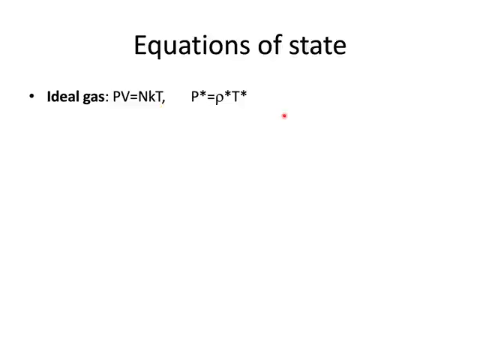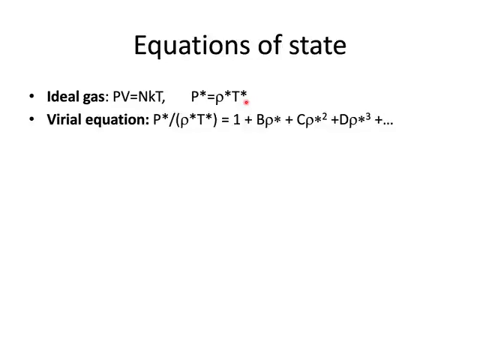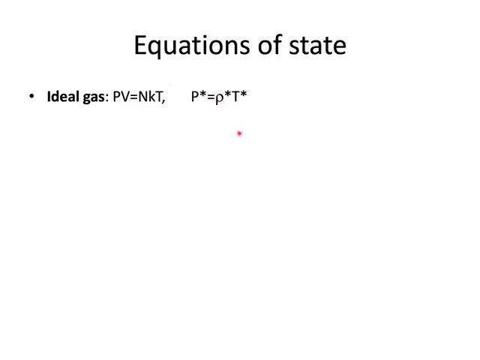dividing by volume and non-dimensionalizing it, like using, for example, Lennard-Jones. We can write that as pressure equals density times temperature. And we can expand this because the ideal gas equation only works for very dilute gases.